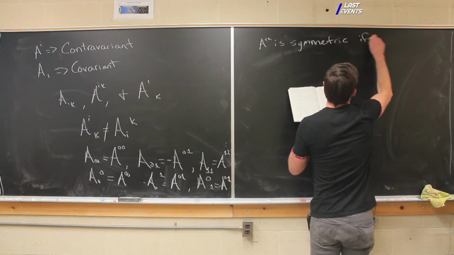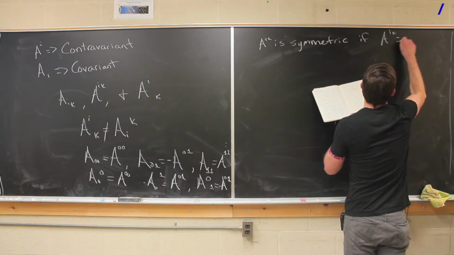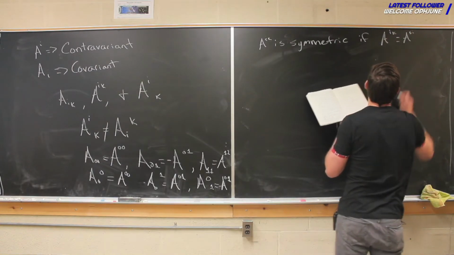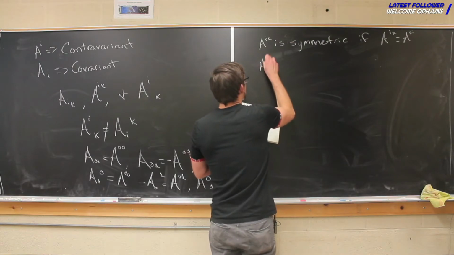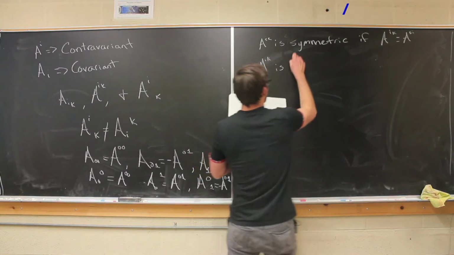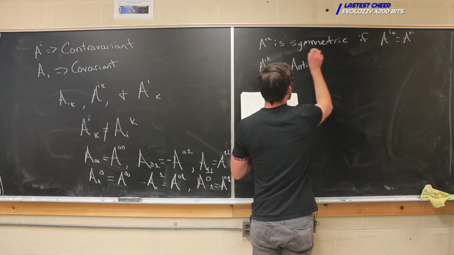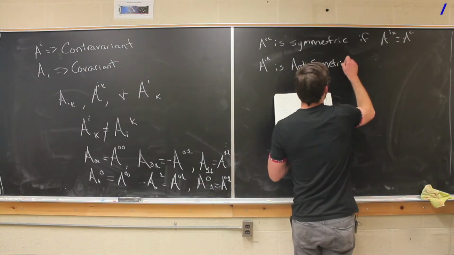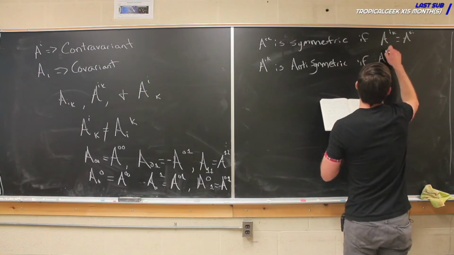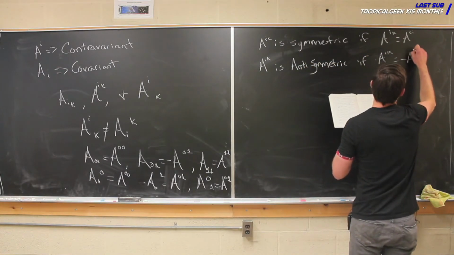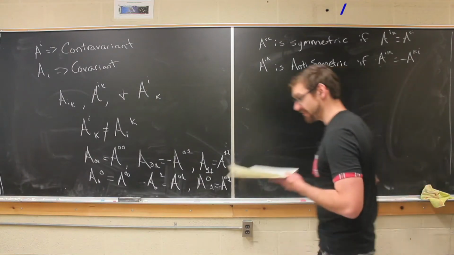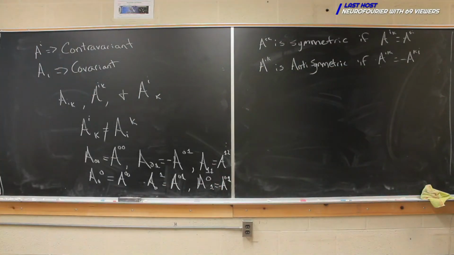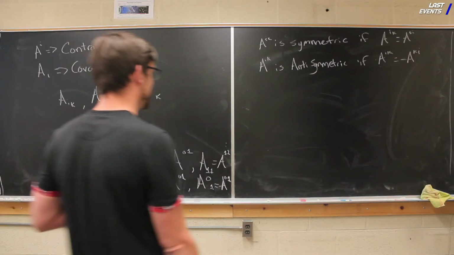If A_ik is equal to A_ki, then we say A_ik is symmetric. A_ik is anti-symmetric if A_ik is equal to minus A_ki. Notice how if we flip the indices, we negate it if it's anti-symmetric. But if we don't negate it, then the tensor is, in fact, symmetric.